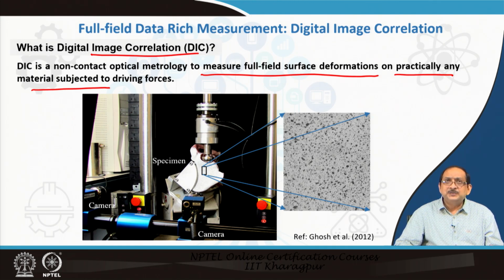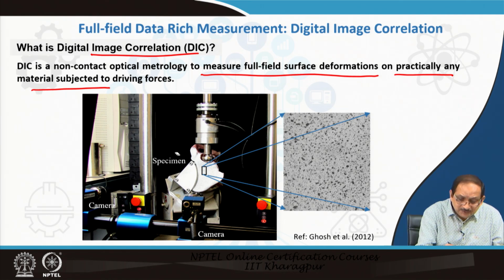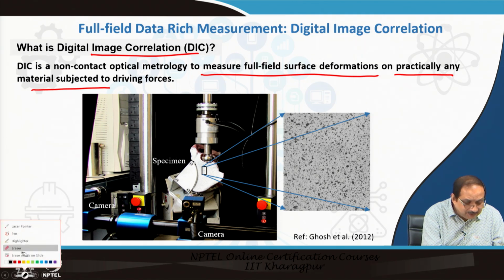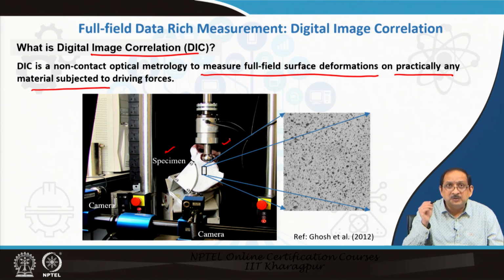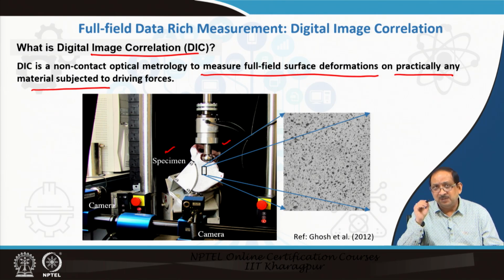Now, let us come back to the discussion on the digital image correlation technique. In this technique you can see that we have the pelvic bone specimen loaded on the machine, and the specimen has white paint on it.